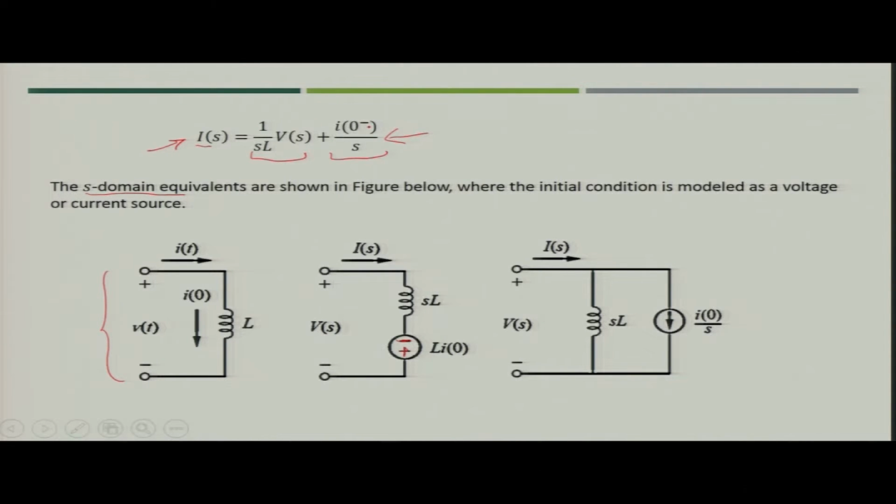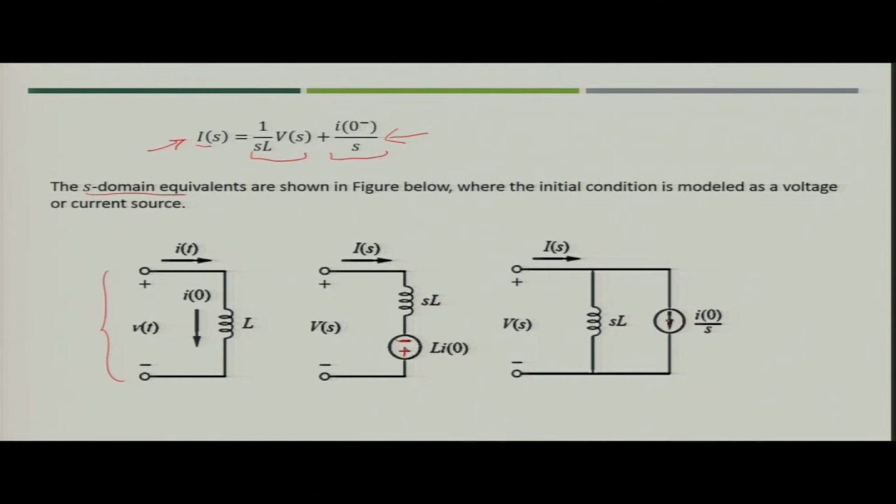So, we will use that equation to find the equivalent circuit in case we want to find the current I(s). From the first part, the value we get is i(0) by s. So, this will be the value of a current source that represents the initial condition, that is the initial current flowing through the inductor.